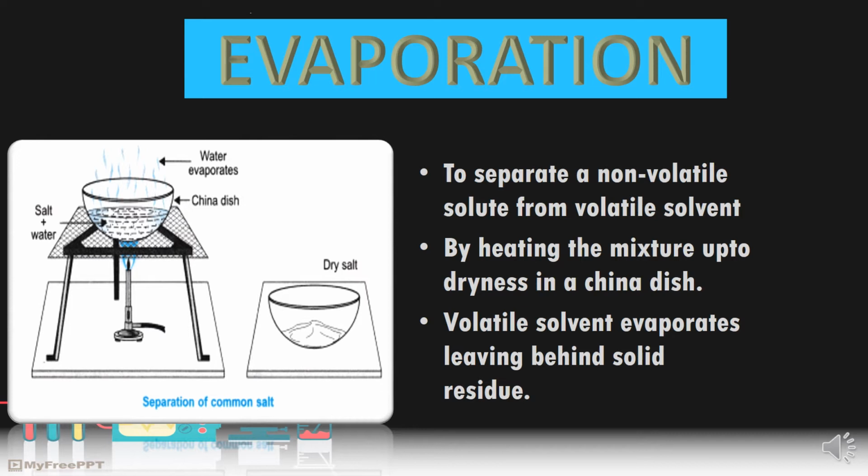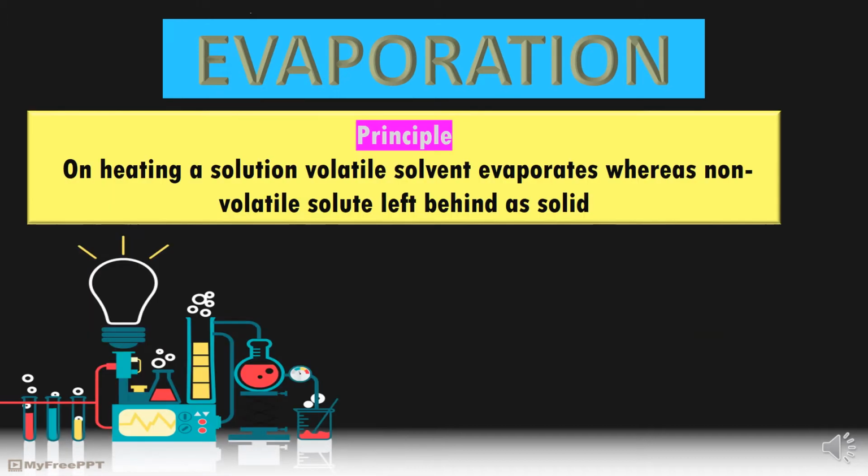As you can see in the figure, the mixture is taken in a china dish and allowed to heat up to dryness. The water or the solvent evaporates out, leaving behind solid residue in the china dish. This process is based on the principle that on heating a solution, the volatile solvent evaporates out, whereas the non-volatile solute remains behind as solid.